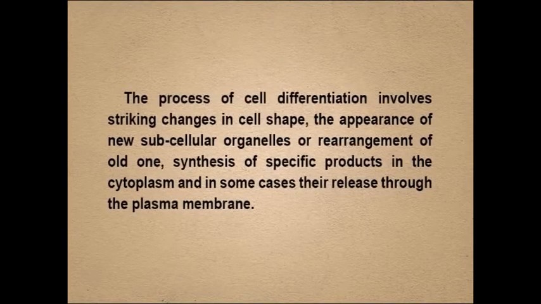The process of cell differentiation involves striking changes in cell shape, the appearance of new subcellular organelles or rearrangement of old ones, synthesis of specific products in the cytoplasm, and in some cases their release through the plasma membrane.